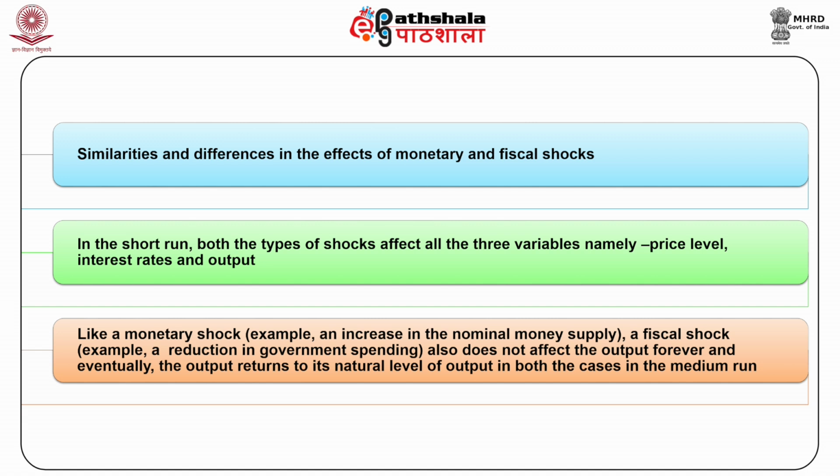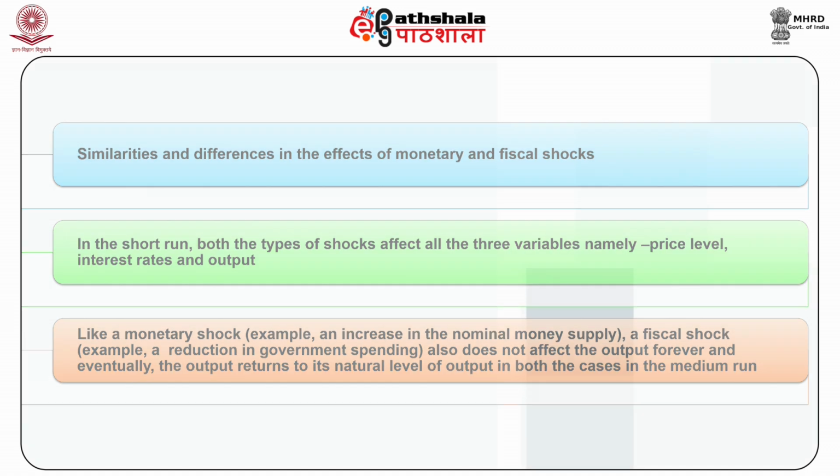Similarities and differences in the effects of monetary and fiscal shocks. In the short run, both types of shocks affect all three variables, namely price level, interest rate and output. Like a monetary shock, for example, an increase in the nominal money supply, a fiscal shock, for example, a reduction in the government spending, also does not affect the output forever and eventually the output returns to its natural level of output in both the cases in the medium run.